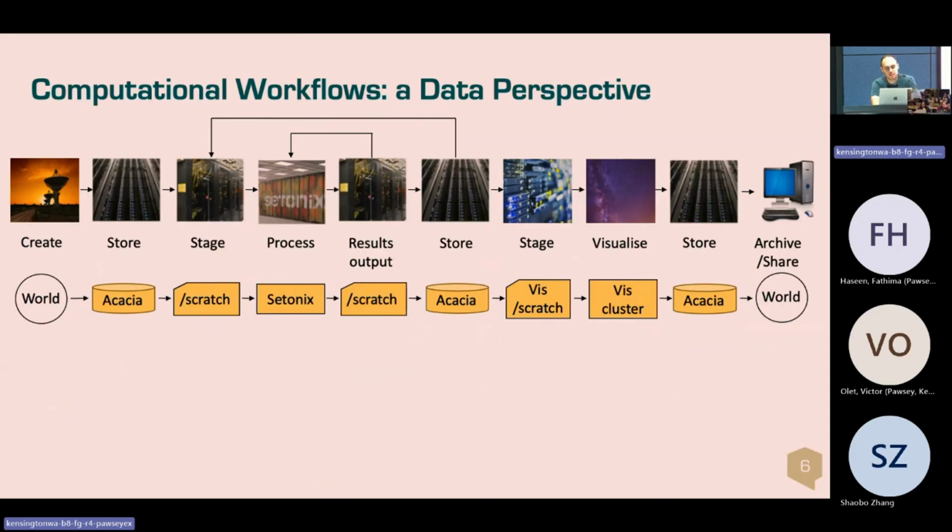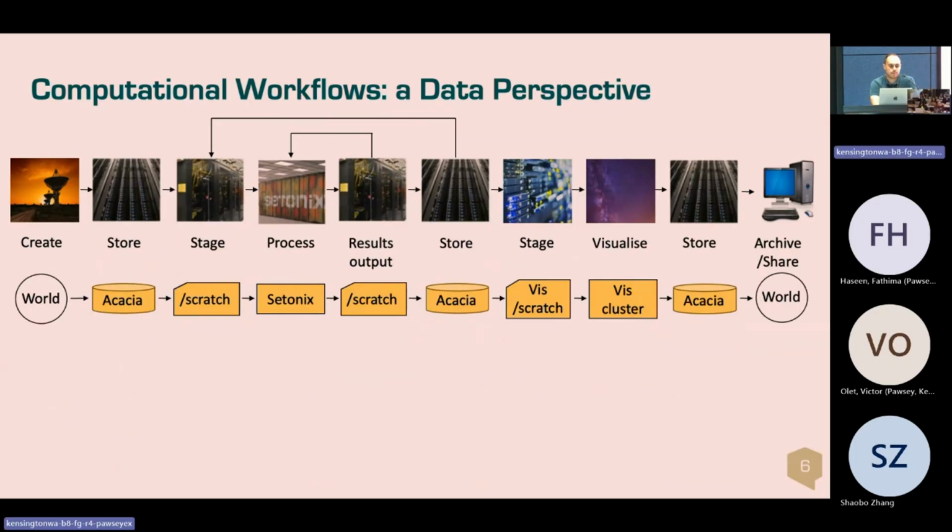You can see it now as a long-term storage for data. To process the data, though, you cannot simply read data from Acacia. You need to move data from Acacia to Scratch, the file system Chris discussed earlier. Once the data is on Scratch, then Setonix can read it through the normal system calls, and your program can read files on Scratch, just like you read files on your computer.